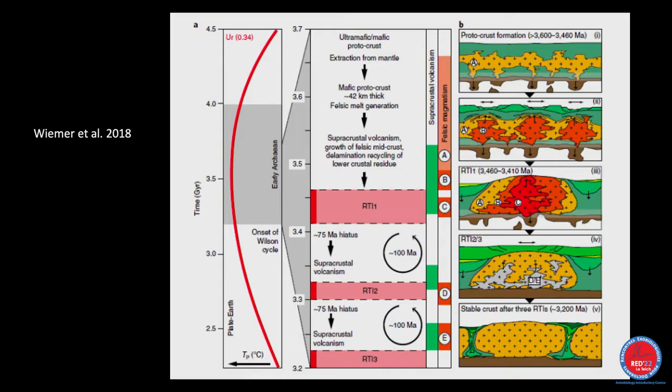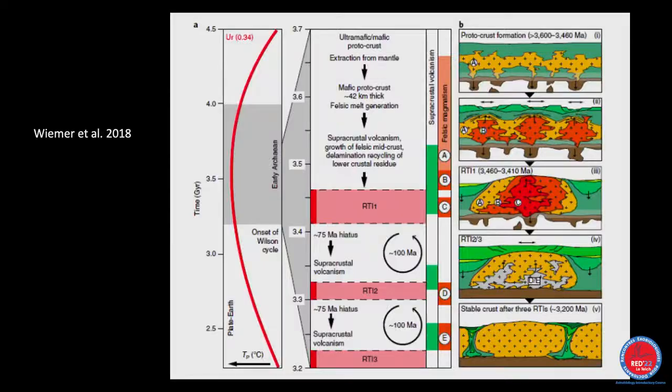Everything what is orange, red, or even gray is intracrustal melting, silica-rich melt, and everything what is green is mafic, ultramafic melt. So from the mantle.